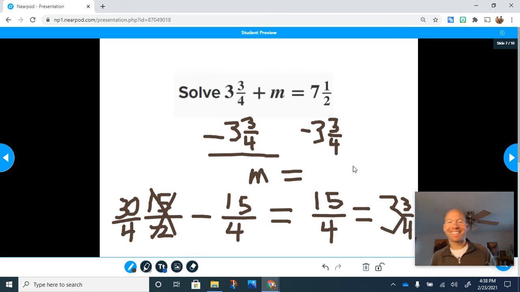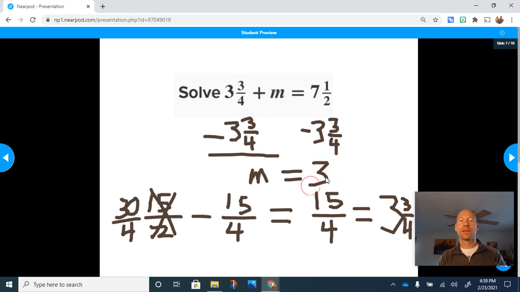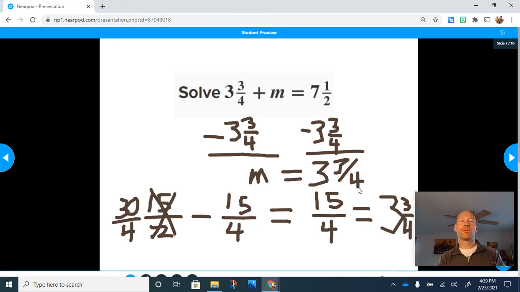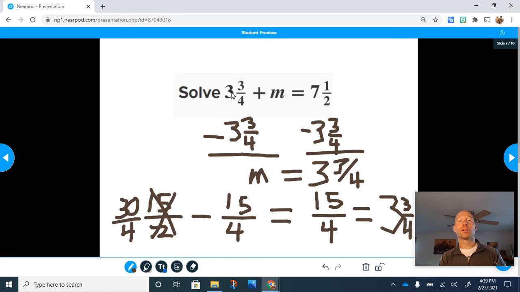So it makes sense that 3 and 3/4 would be our answer. M equals 3 and 3/4, because 3 and 3/4 plus 3 and 3/4 equals 7 and 1/2.